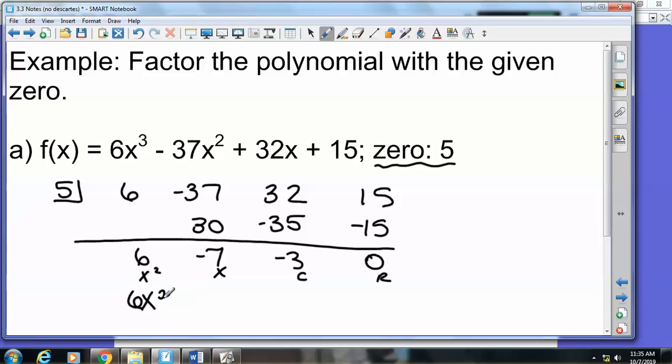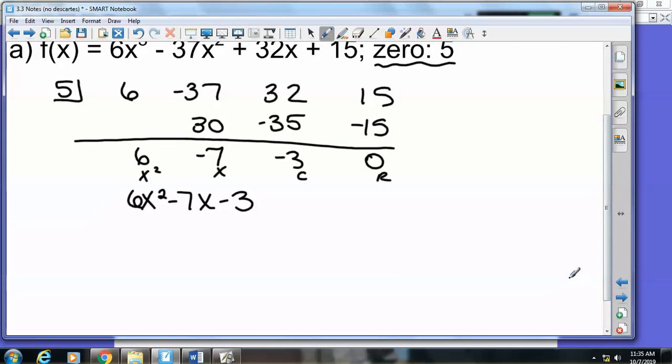So right now we have 6x squared minus 7x minus 3. Can you factor that? That's a quadratic. So I will ask you to factor this all the way.